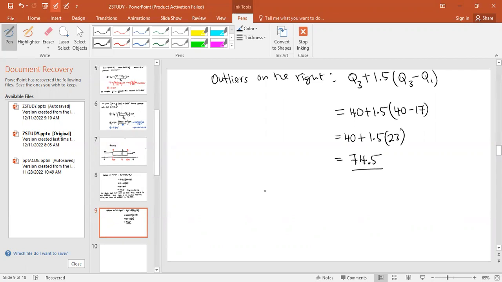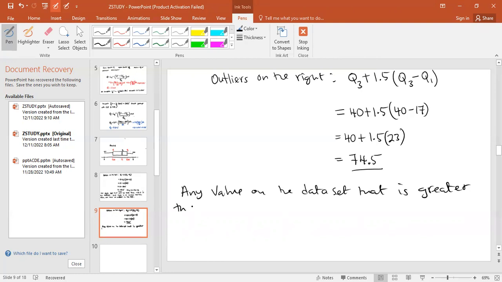So any value in the data set that is greater than 74.5 is considered an outlier.